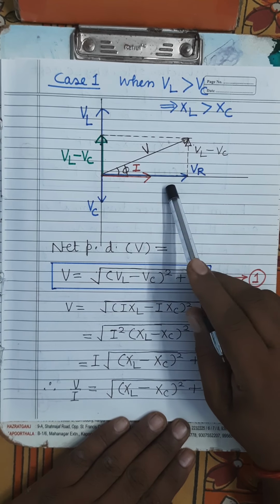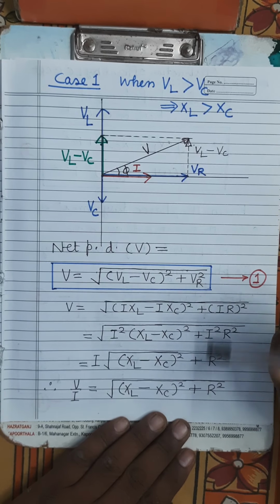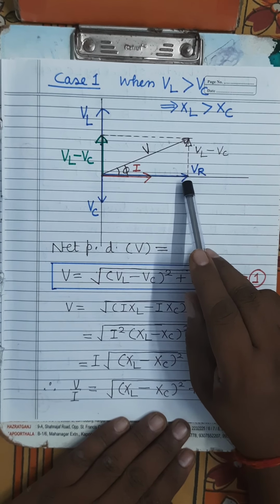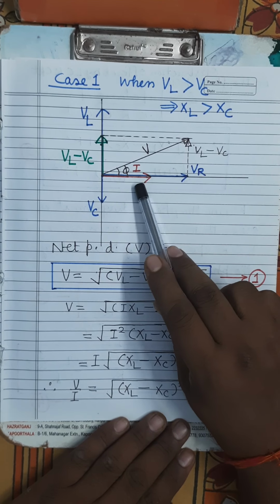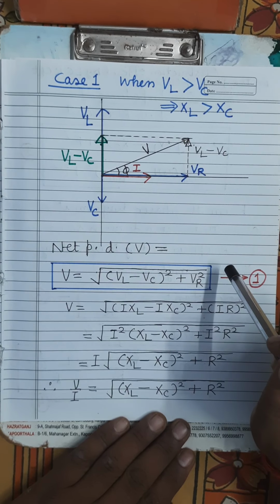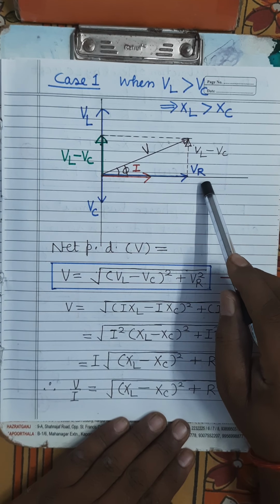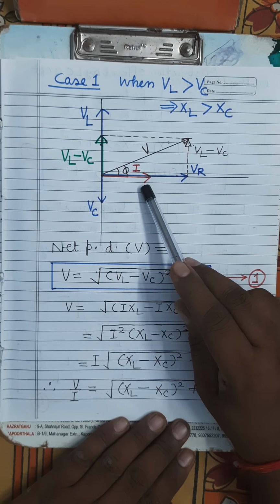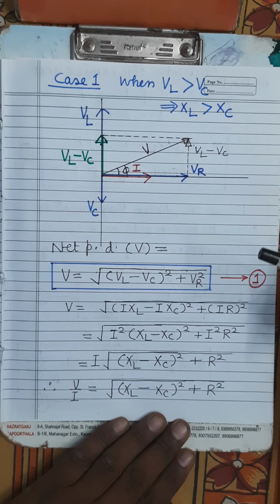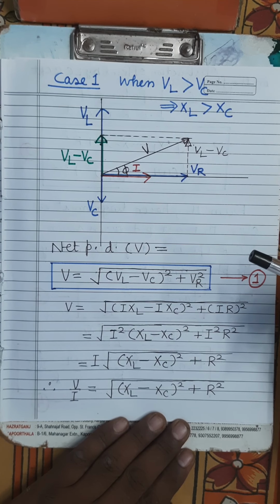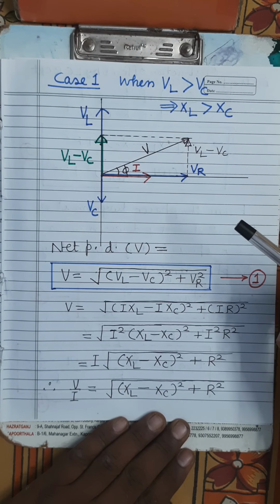If you have not watched, then please watch those videos. Across a resistor, the potential difference is always in the same phase as the current. There will be no phase difference between them. Same phase means both simultaneously become 0, simultaneously achieve the maximum value and simultaneously change direction.